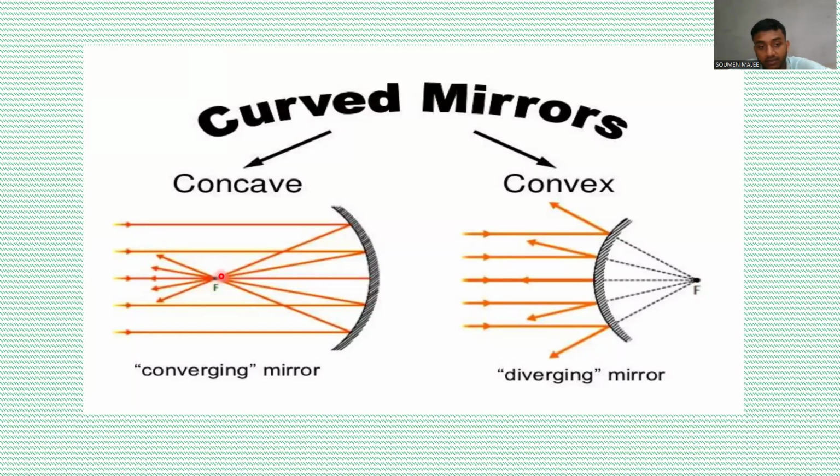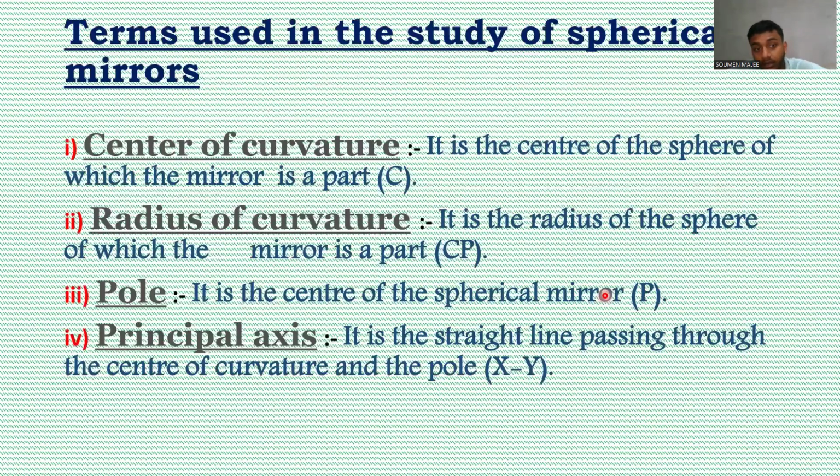So here you can find these meet at a point, this is F. But for convex, here also parallel rays come, but after reflection, they appear to come from a point, not meet at a point, and that point is called F. So I think you easily understood from these two pictures what a concave mirror and a convex mirror are. Now, there are a few terms which are required to easily understand the function of spherical mirrors.